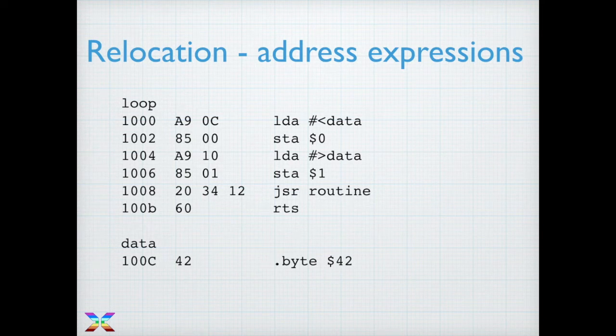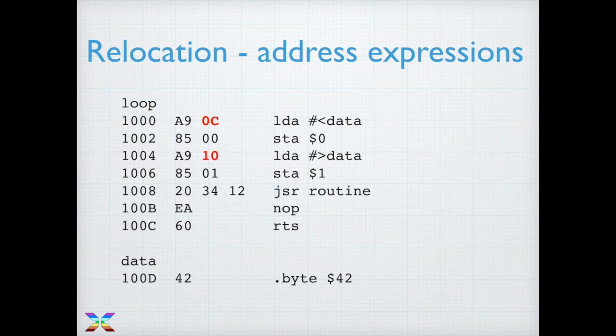Here's a problem that takes more than just looking at the code. If I'm trying to load the address, in this case of my data word at 1000C, that address is broken into two high byte and low byte arguments, and then they're stored off into a zero-page register. Everything's well and good until I added some code and it pushed down my data.